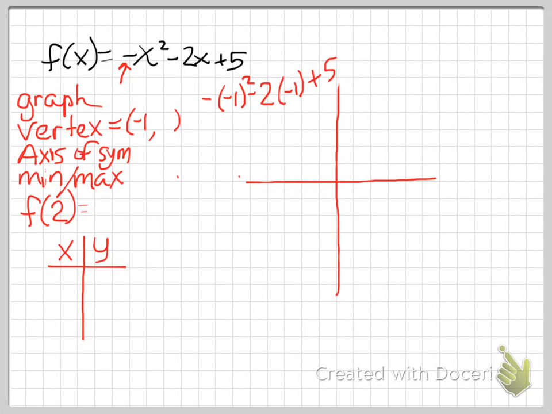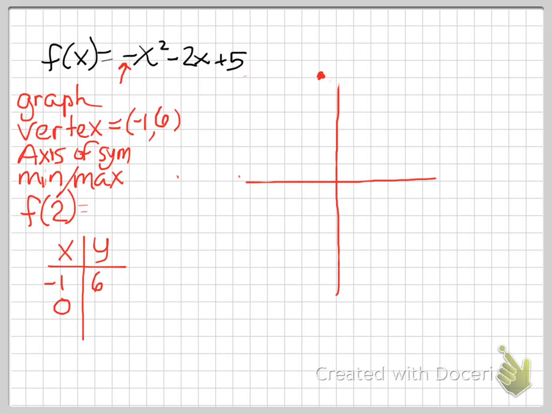Make sure you use those parentheses. So that's going to equal 6. So I have -1 and 6. Back 1 and up 6. And there's my vertex.